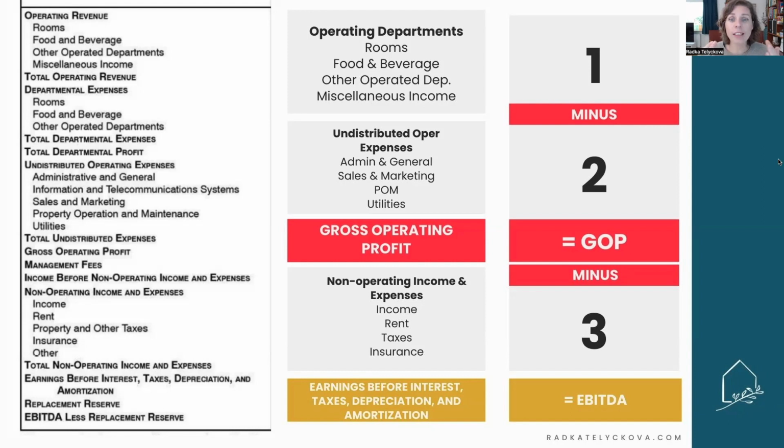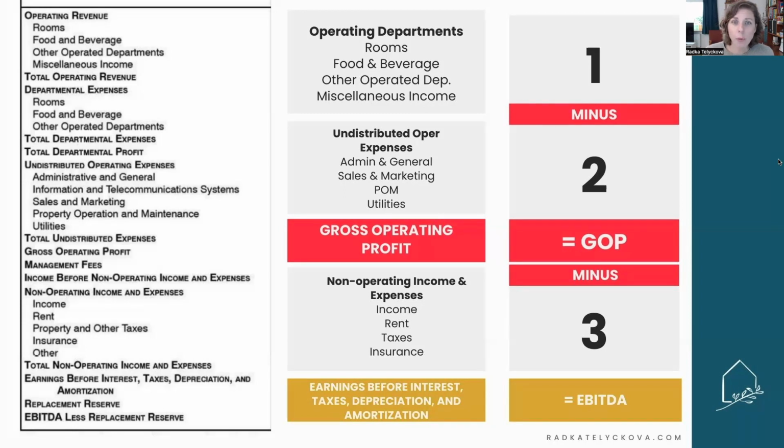Then we have undistributed operating expenses: administration and general, sales and marketing, property and maintenance, and utilities. Utilities is energy, water, waste management.